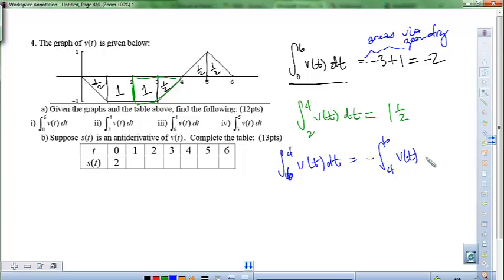That's one of the rules that we learned. Now we're looking for the integral from 4 to 6. So 4 to 6 gives a positive 1. But then there's a negative sign in front. Negative sign in front. So our answer is going to be negative 1.